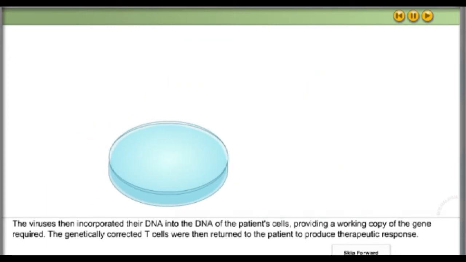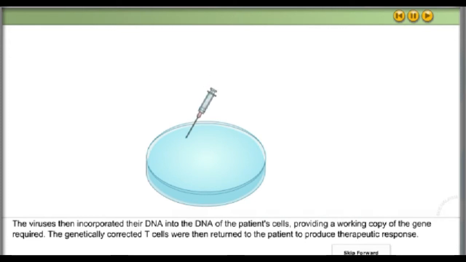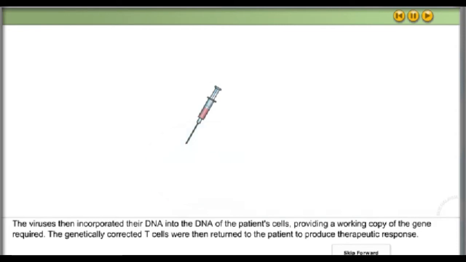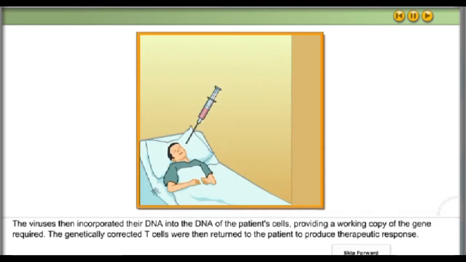So the virus carries the normal gene, and it will be incorporated with the DNA of the patient's cell. So it will treat the DNA of the patient's cell that has a disease, and the patient's cell will be normal.